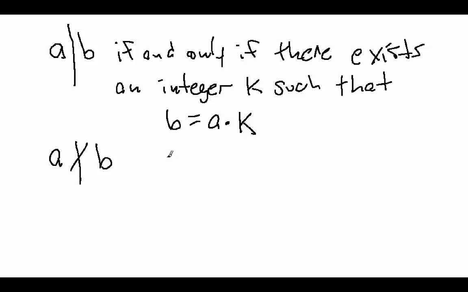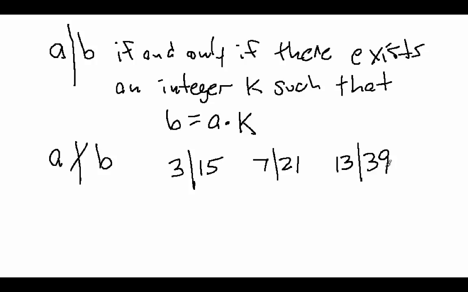So to give you some examples, 3 divides 15. We would have that 7 divides 21. We might say that 13 divides 39. Okay, this is true because 15 is equal to 3 times 5. This is true because 21 is equal to 3 times 7.